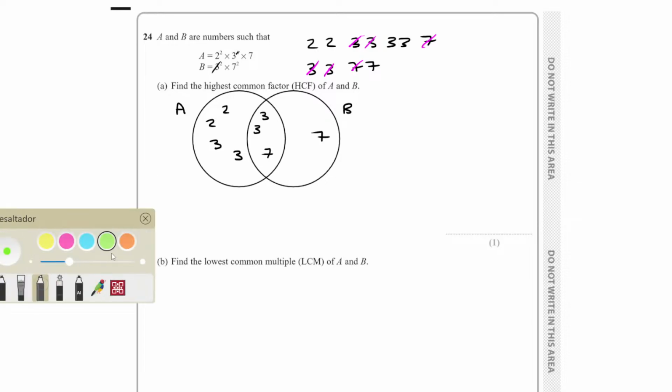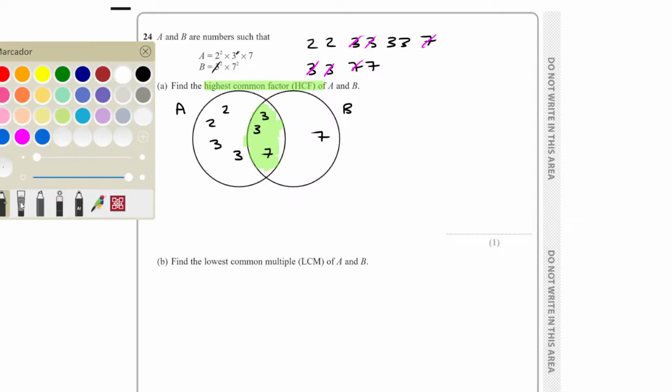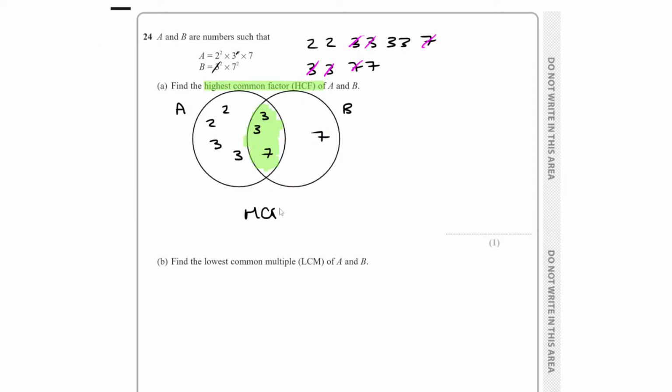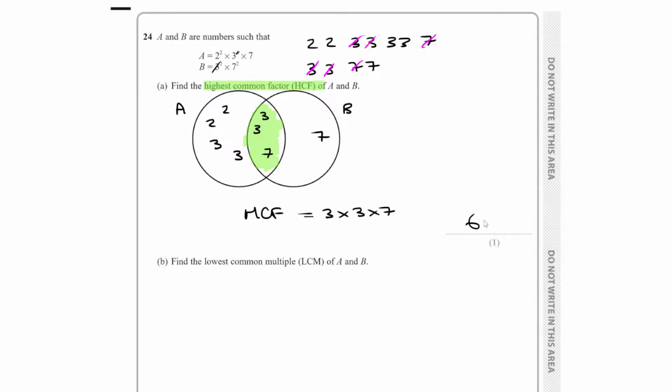So for the highest common factor, all you need to memorize is that it is the overlap multiplied together. So all I now need to do is multiply 3 times 3 times 7. 3 times 3 times 7 is 63. So that's our highest common factor.